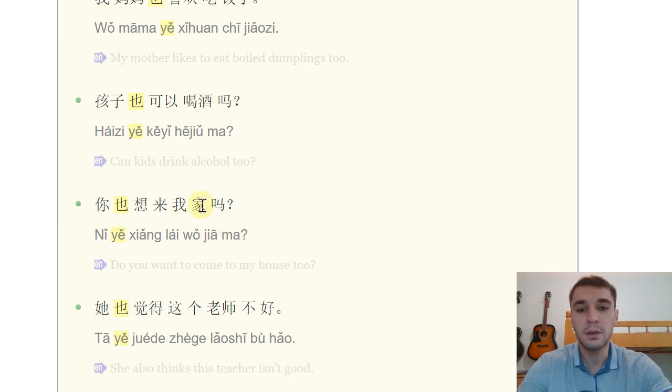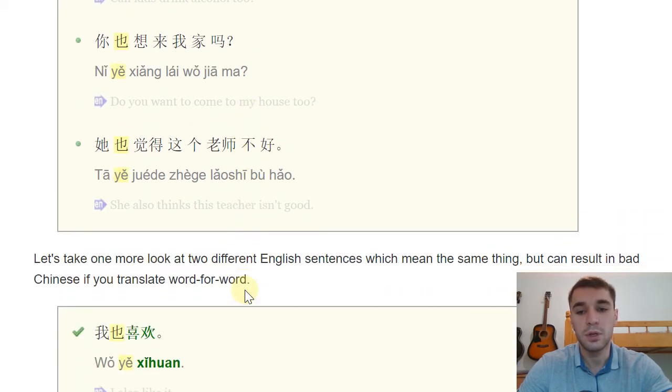So 家 is not only family but also house, the place where you live.